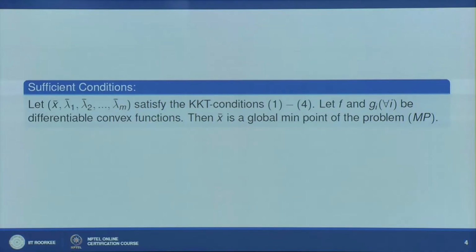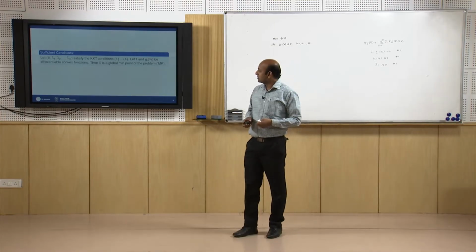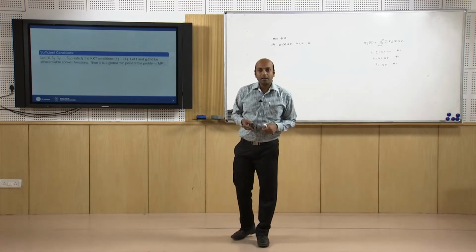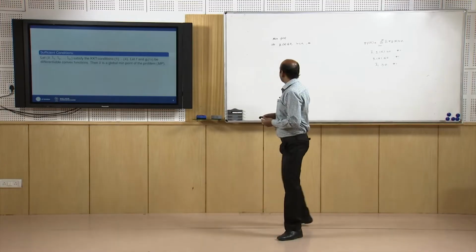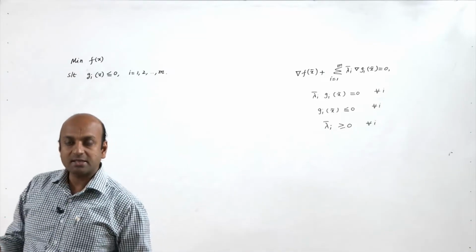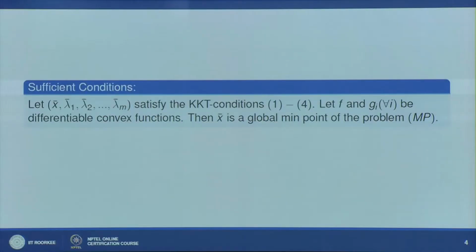If lambda bar and x bar satisfy these 4 conditions, and f and g_i are differentiable convex functions, that is, it is a convex programming problem, because if the function f and all g_i's are convex then we call such a problem a convex programming problem, then x bar is a global minimum point of the problem MP.